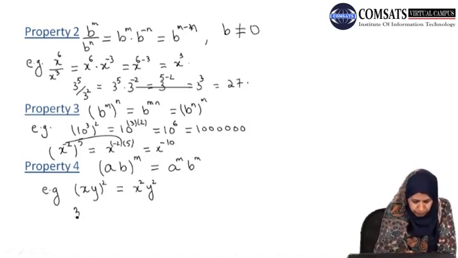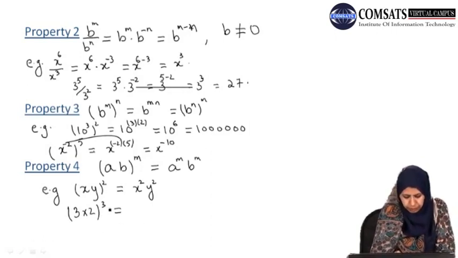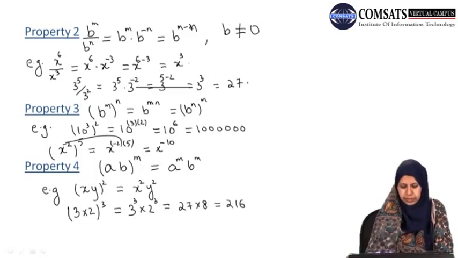For example, we have 3 into 2 whole cube. What we will do, we will simply split the powers. We will take the powers first and then the product, that is 3 cube into 2 cube, and we obtain 27 into 8, which is 216.